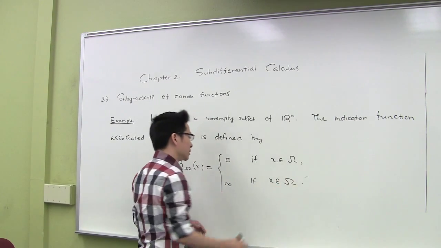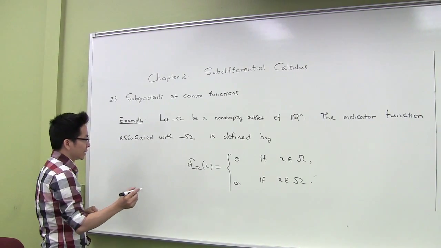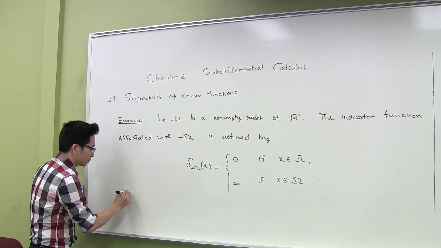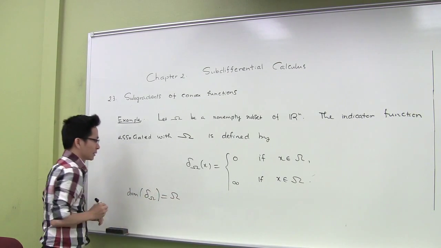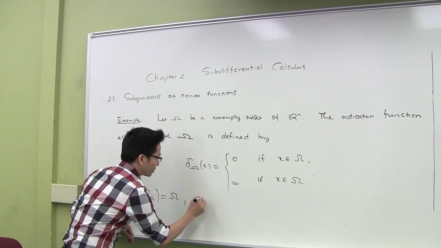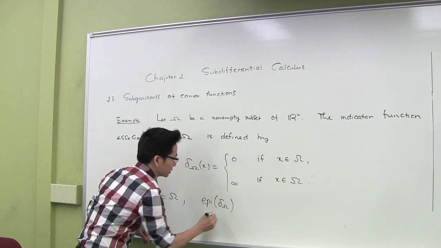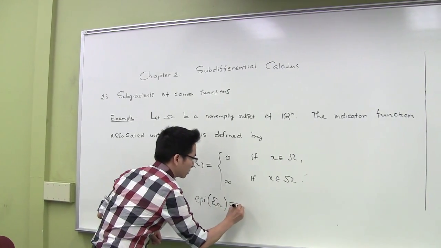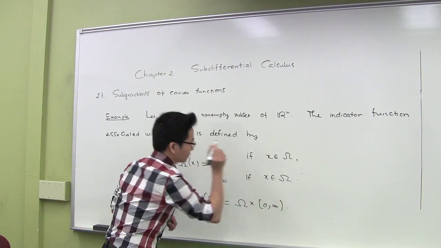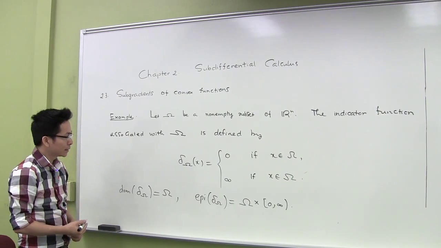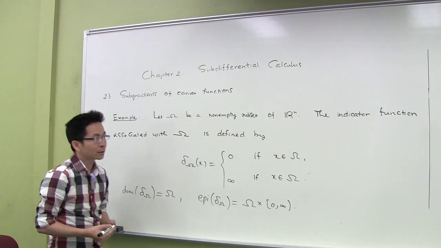So this is an extended real-valued function, and we can see easily that the domain of the function is omega, and the epigraph of the indicator function here is omega times this interval. In this example, we're going to prove the following.